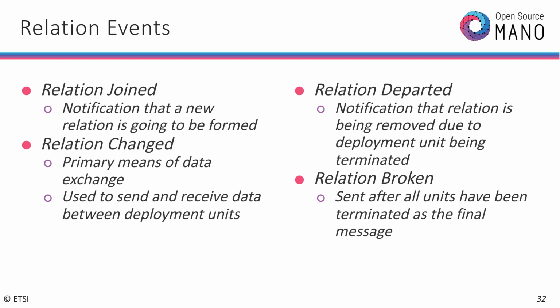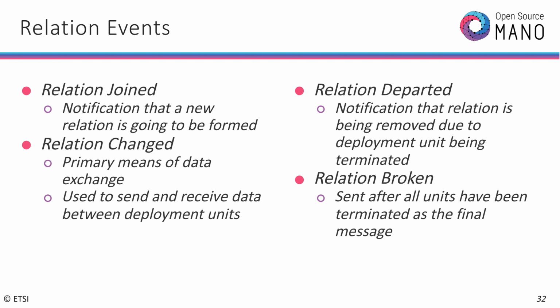So, for example, if I have a load balancer and it needs to do some sort of reconfiguration, like maybe it needs to change its port, we don't need to delete the network service and redeploy it in order to have that. As the load balancer learns about its new environment, it can send new information over the relationship for the firewall to consume. The next significant event is relation departed.